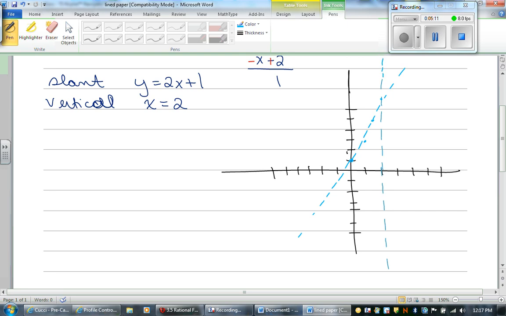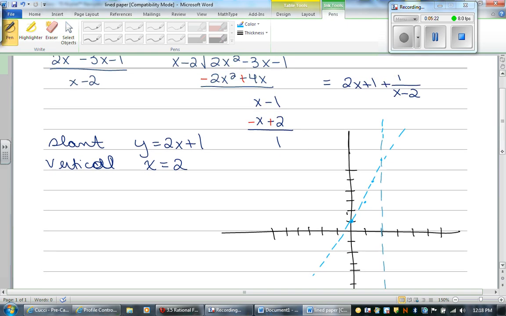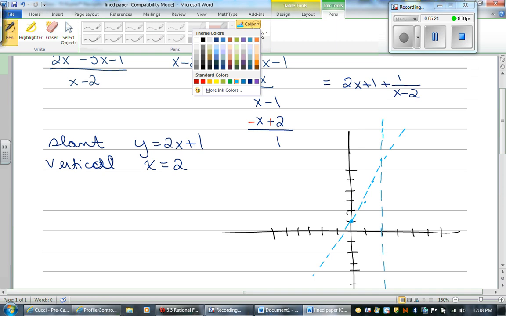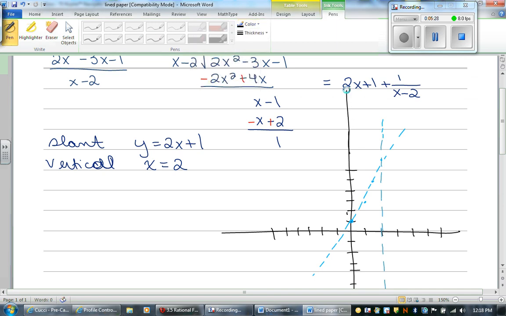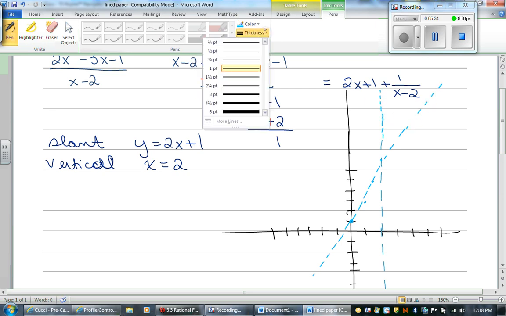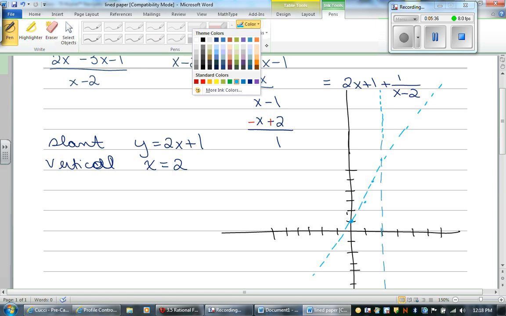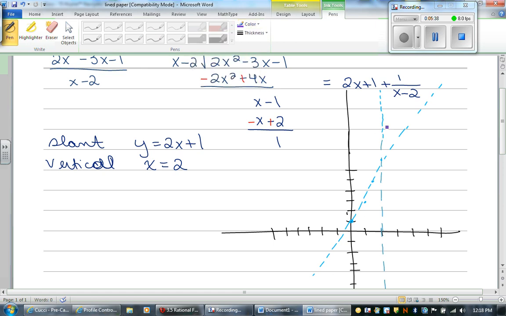And then what we can do is go ahead and build a table or take a peek and see what this is going to look like. Now, because of how this is set up, the graph winds up being kind of surrounded by these asymptotes. So what your graph actually looks like is like this.